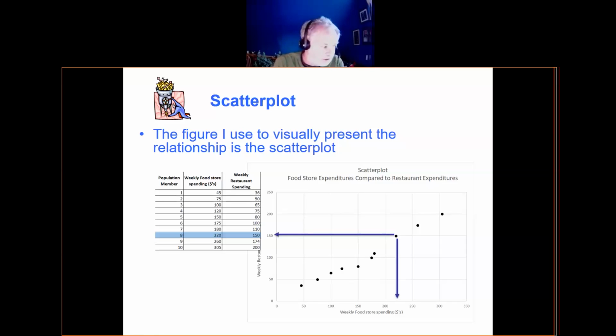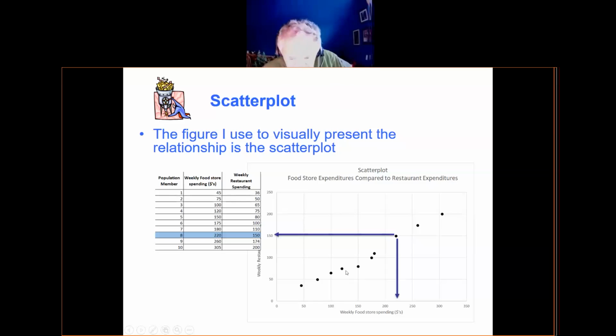I also want a sense of the strength of the relationship. If everyone fits relatively on this straight line, I have a fairly good relationship, and it's very clear: you spend $50 more at the grocery store, you're going to spend roughly $50 or more at the restaurant.